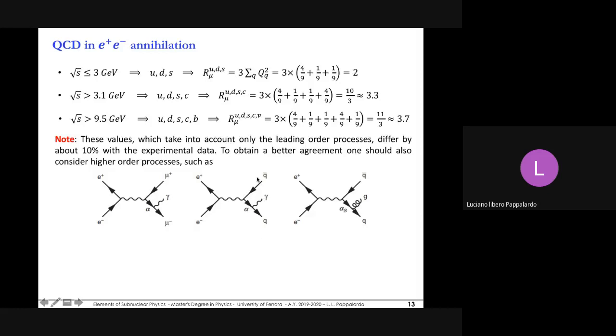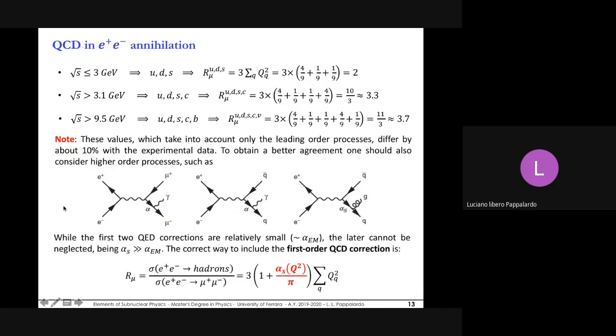We have now the q q-bar case, where a quark can also radiate a gluon, because now QCD can also take part in the game. So while the first two are simply QED corrections and are relatively small, because we know that the fine structure constant is small, the latter one cannot be neglected. This contributes quite significantly, because the value of alpha strong is much higher than that of the electromagnetic coupling constant.